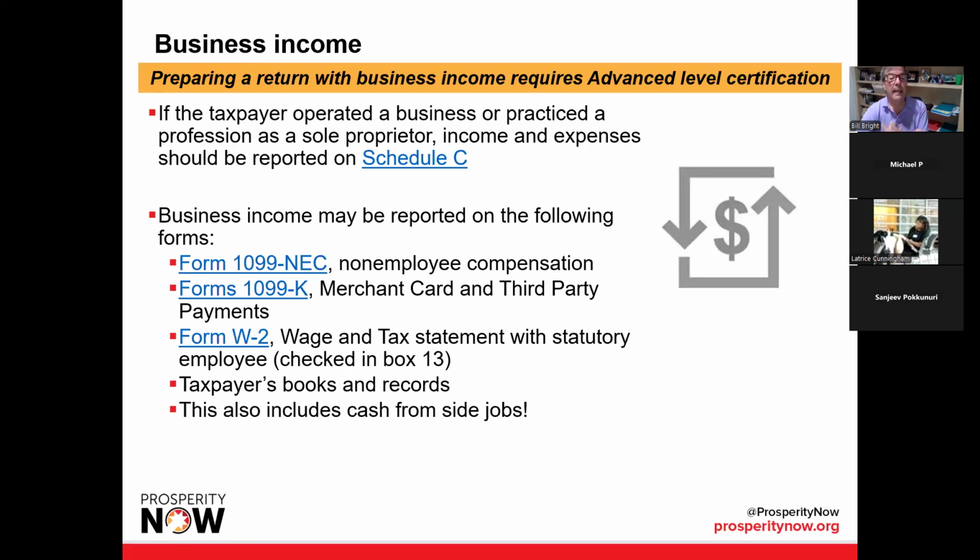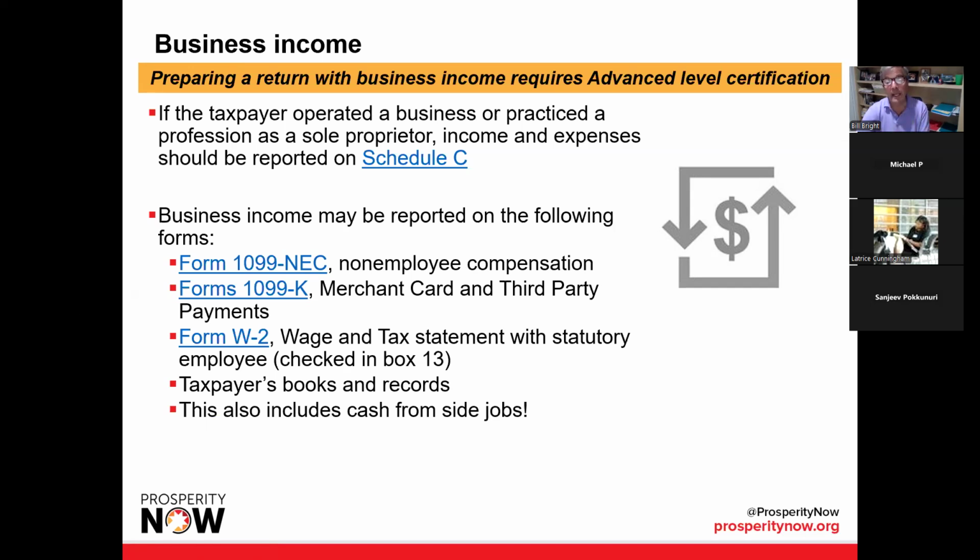They generally get paid by direct deposit, and they get some sort of indication of what that total is through a 1099-NEC, which is non-employee compensation, or the 1099-K, which is generally what the Uber and Lyft drivers get, and that's a third-party payments system. They may get a W-2, but generally not.